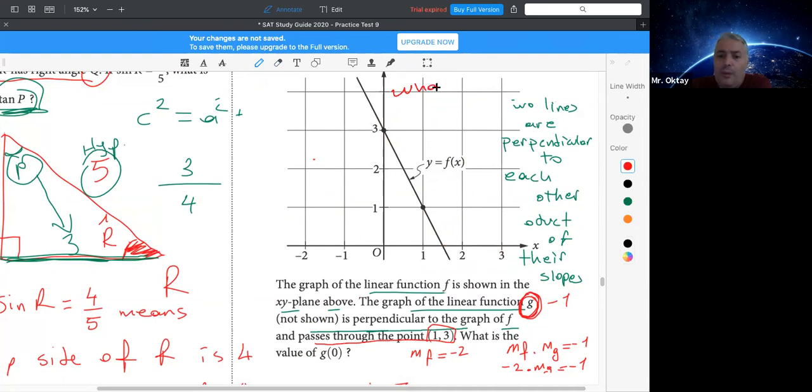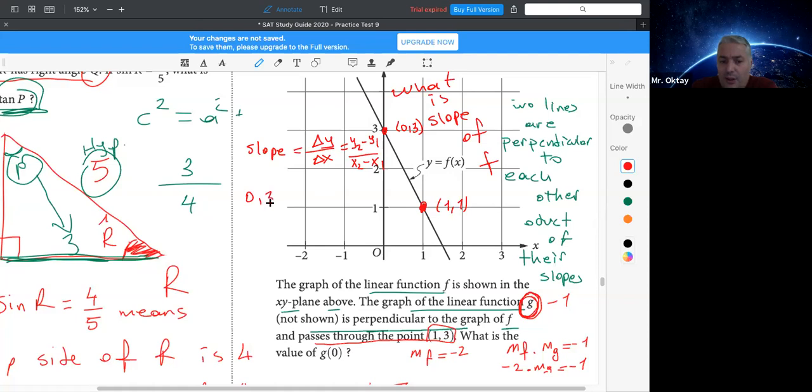What is the slope of f? There are lots of ways, but an easy one for you: take any 2 points, (0, 3) and (1, 1). Slope means delta y over delta x, which is y2 minus y1 over x2 minus x1.